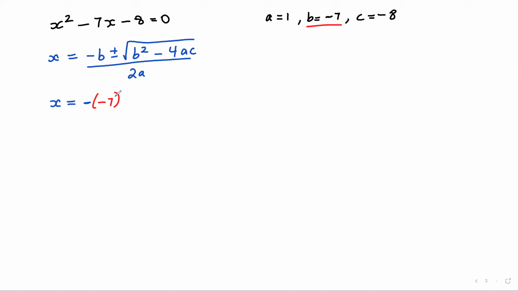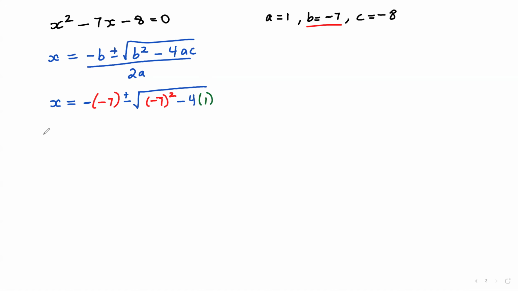So it's minus negative 7, plus or minus the square root of, again, B squared, so that's negative 7 squared, minus 4 times A, which is 1, and C, which is negative 8.